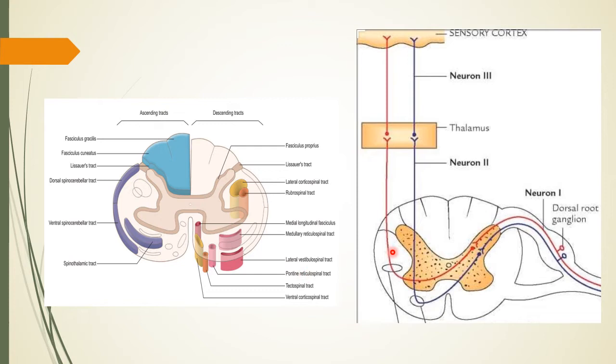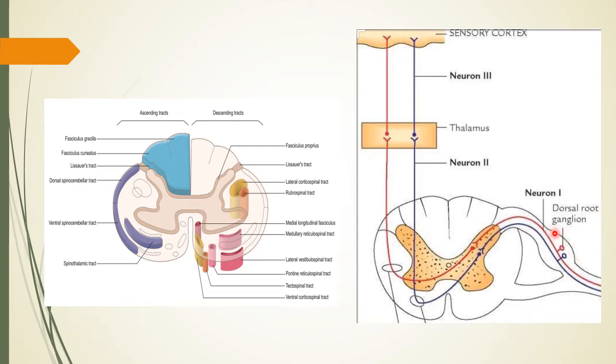In this diagram you can see that in the organization of ascending tracts, usually 3 neurons are involved from the receptors in the peripheral tissues or skin up to higher centers. The first neuron is almost always present in the dorsal root ganglion, that is a collection of nerve cell bodies outside the central nervous system.